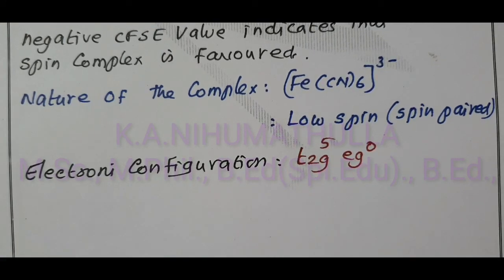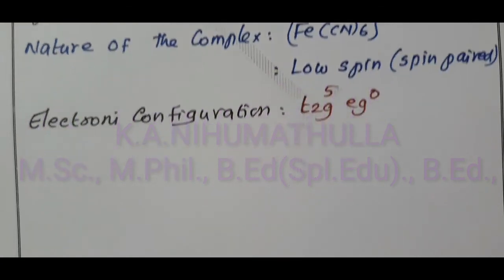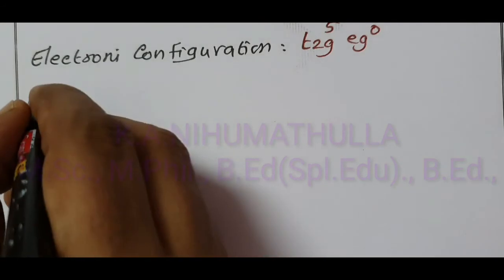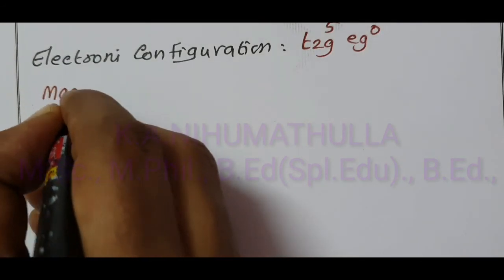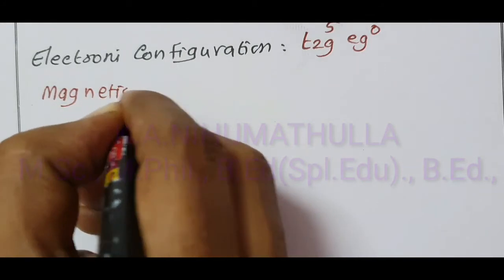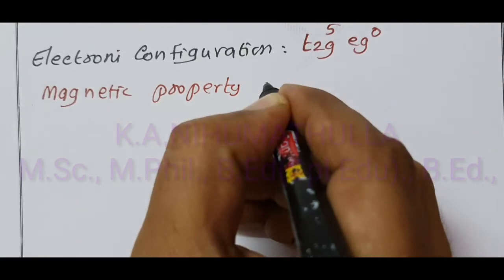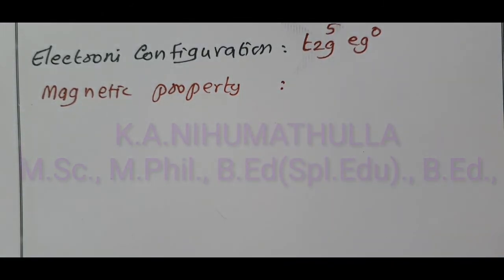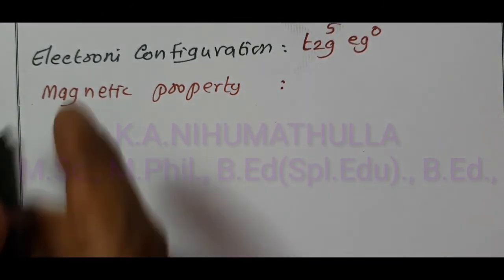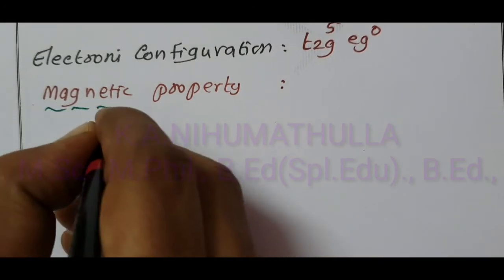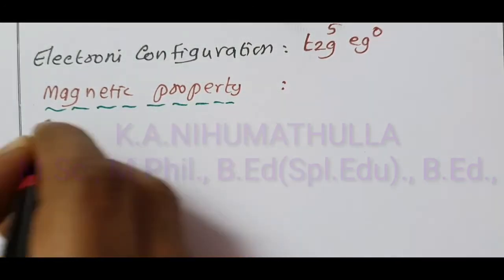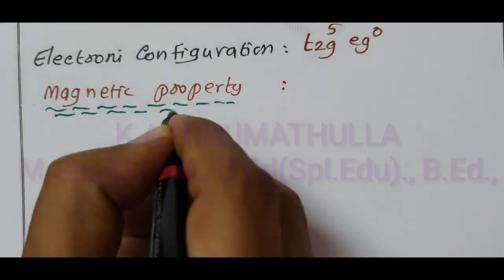We already know that the number of unpaired electrons comes under the heading magnetic properties. Under this heading, we have to write the number of unpaired electrons and the magnetic moment. These 2 points should be indicated under the heading magnetic properties.